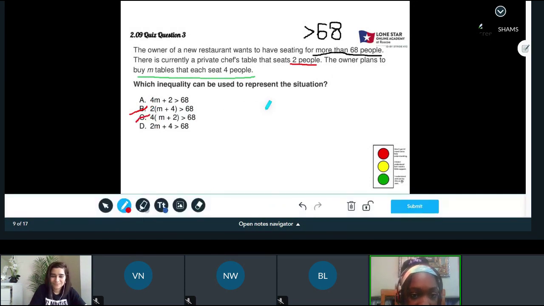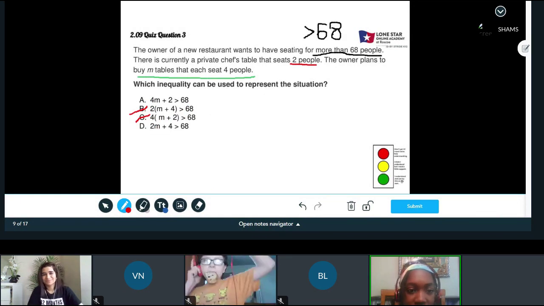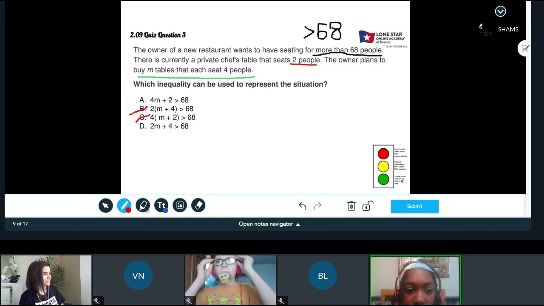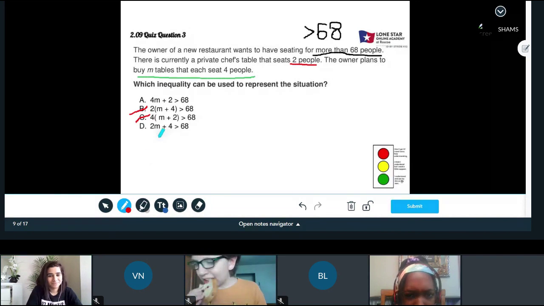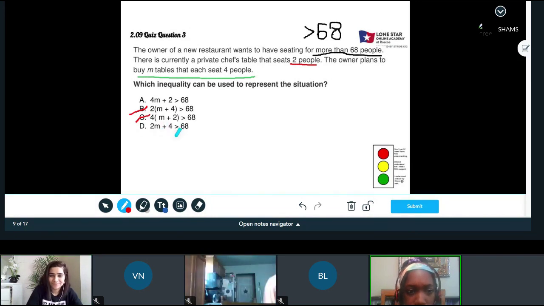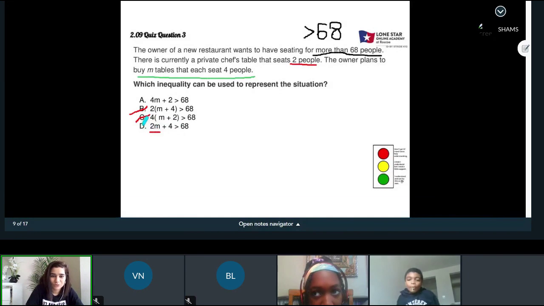And then for D, it wouldn't be 2M because that's talking about a different kind of seat for different people. It only seats 2 people at one table, so 2 would not be the coefficient.